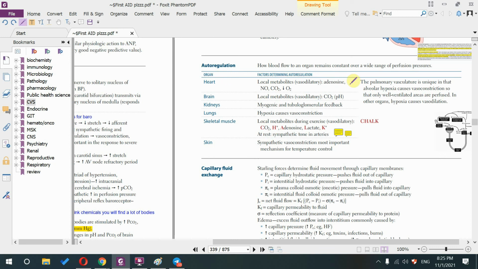The next one is nitric oxide. Can someone tell me which amino acid nitric oxide comes from? Arginine, excellent, L-arginine. So, by the way, this is important actually. A lot of people with sexual dysfunction, for example erectile dysfunction, have a problem getting the erection itself. So one of the supplements you can advise them to take is not a phosphodiesterase inhibitor, this is medication, but I'm speaking about a supplement.